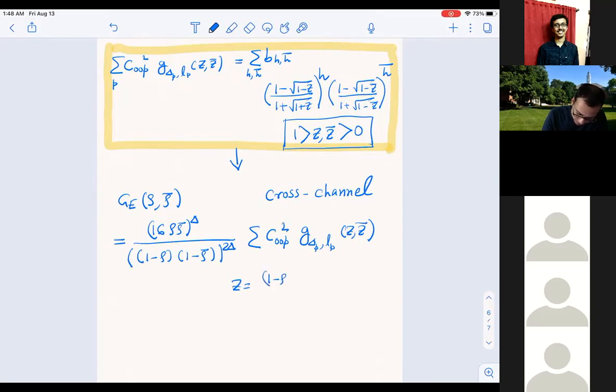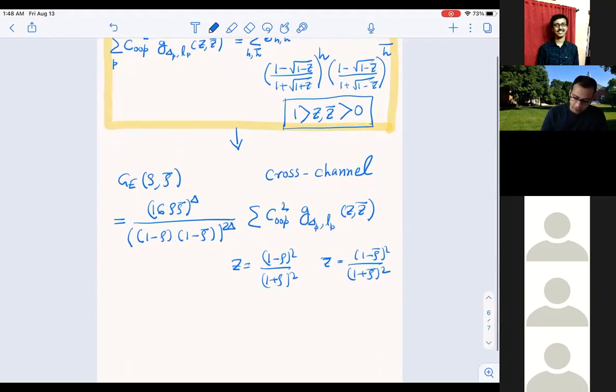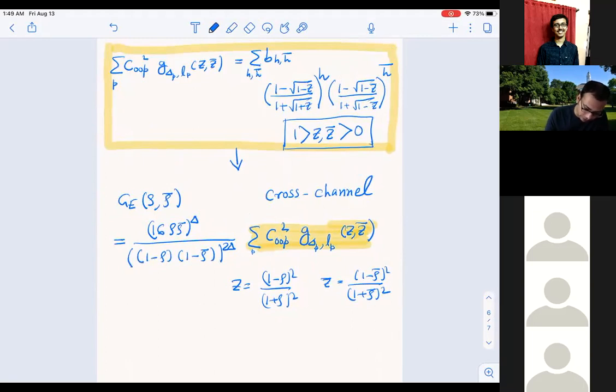It's 1 minus rho squared. Now look, we have the same quantity here. So this is the quantity that we have here.